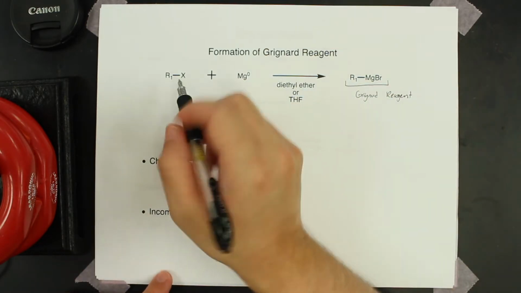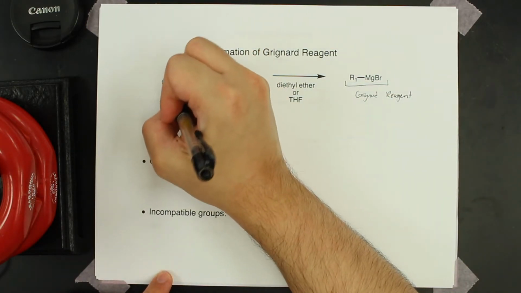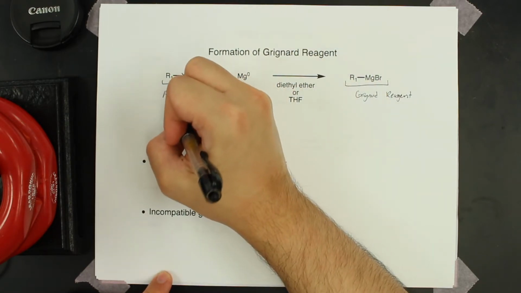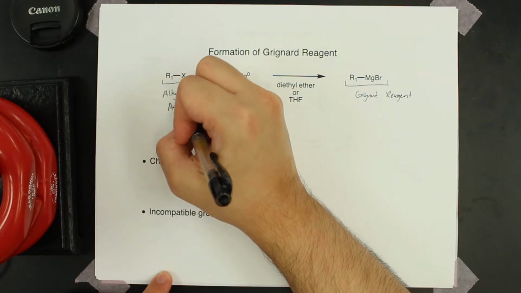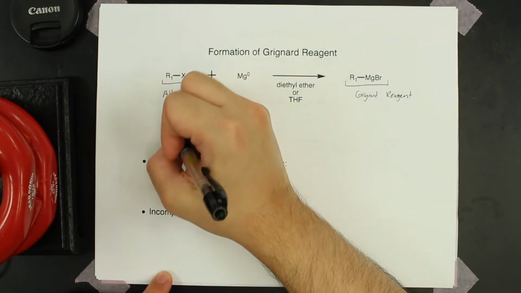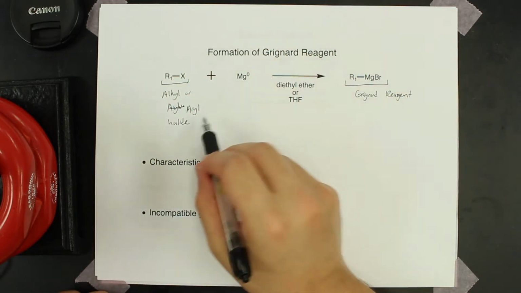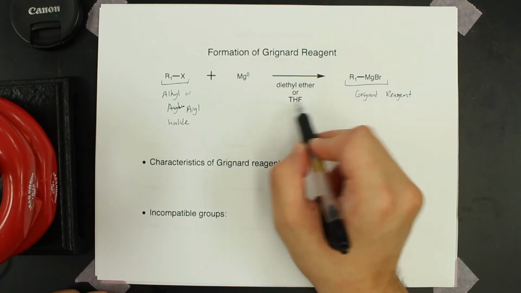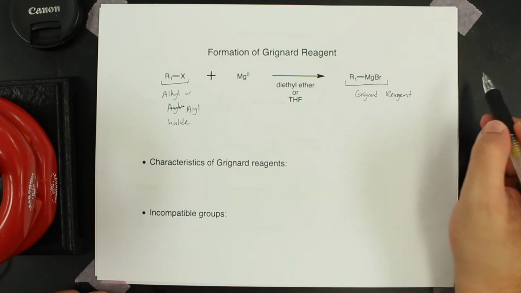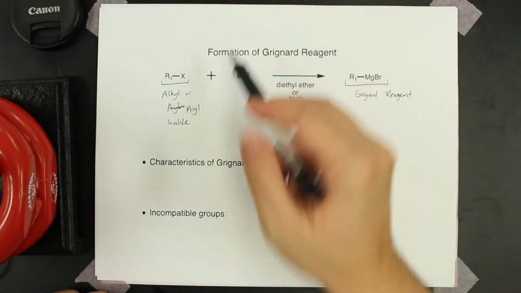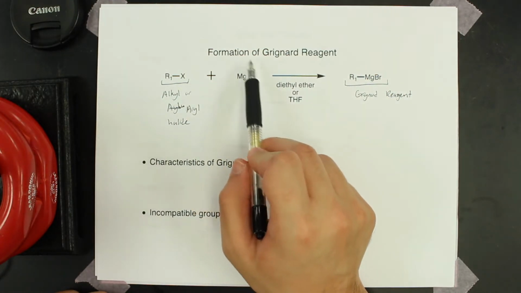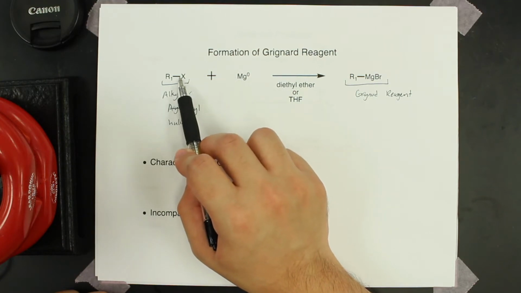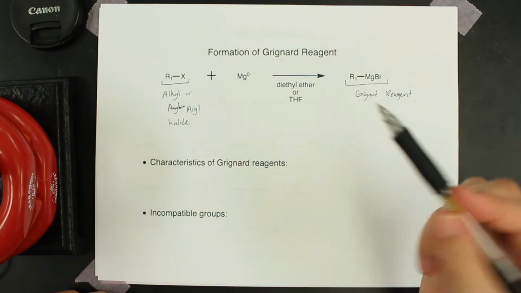Those conditions are you take an alkyl or aryl halide, and you react that halide with metallic magnesium in diethyl ether or THF, and we'll go over those solvents, and it generates this magnesium reagent. The mechanism of how this occurs is not thoroughly understood, but some might say that the magnesium inserts itself in between the carbon-halogen bond here.